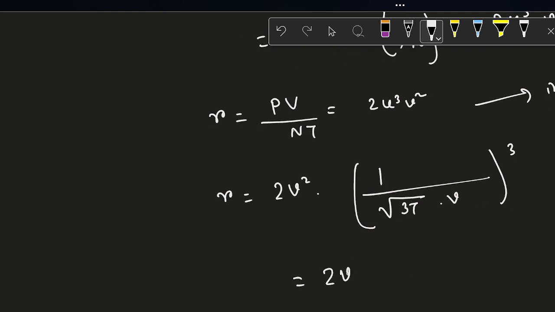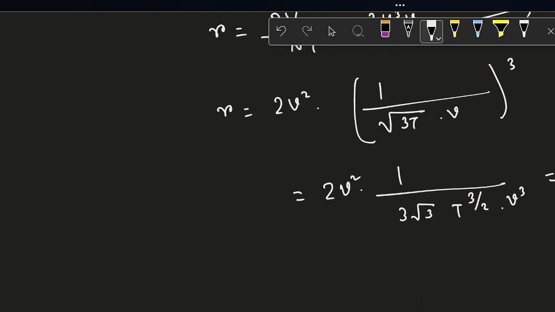So it is 2 v squared, 1 by 3 root over 3, then t to the power 3 by 2, then v cube. It is equal to 2 by 3 root over 3, 1 by v, because this v square and v cube will give you a v, into t to the power of 3 by 2.